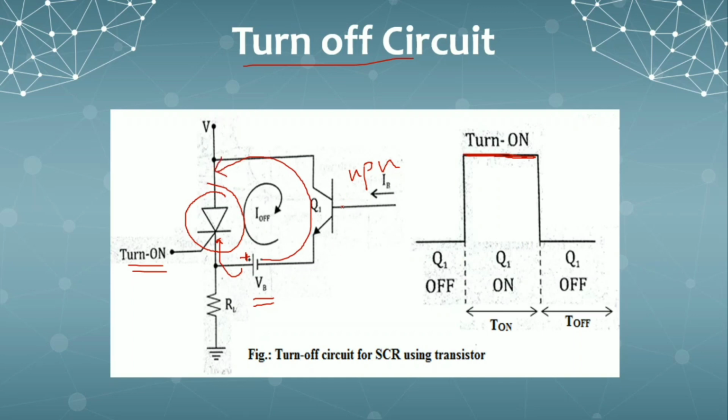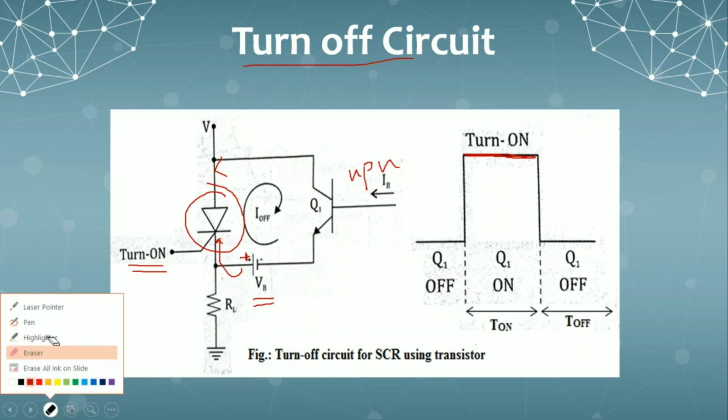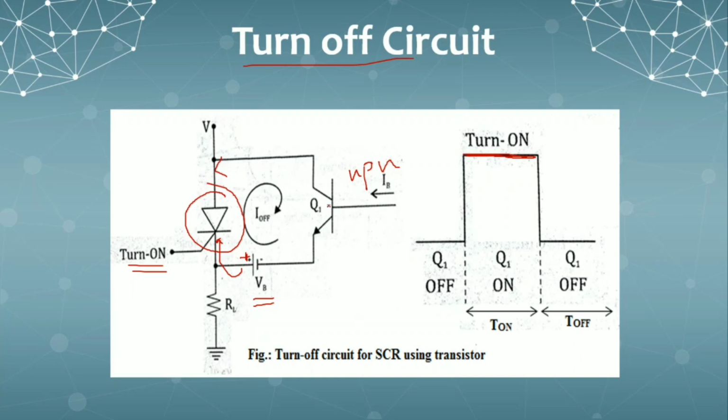So this transistor avoids the reverse flow of current. If there is any reverse flow of current, that will be avoided by this transistor. We will first turn on the transistor and give the power supply here.